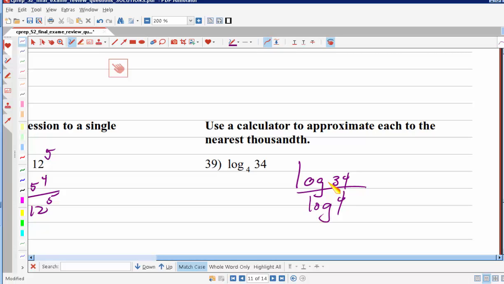Don't tell me I don't have it on here. Alright, let me see if the standard Android one will work. Does it have logs on it? Oh yeah, it does. Log 34 divided by log 4. Oh, it's actually pretty nice. 2.54.